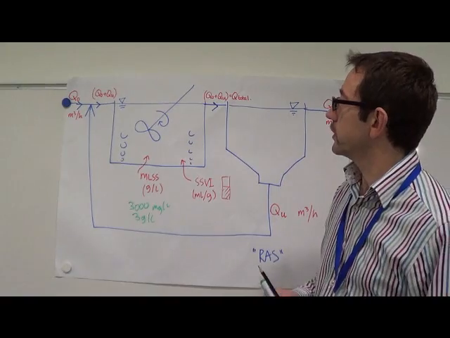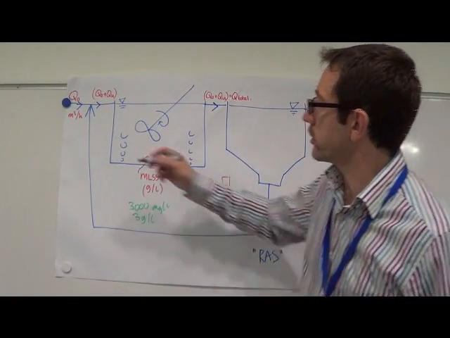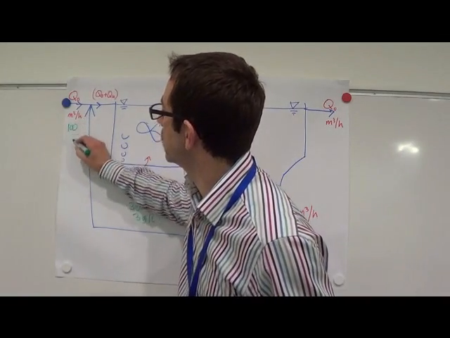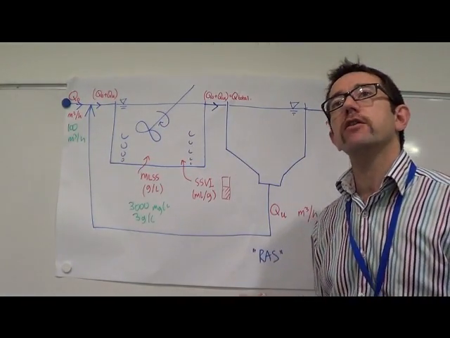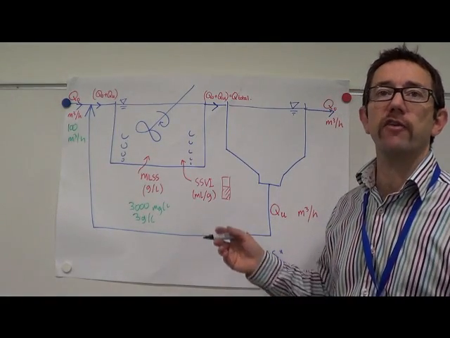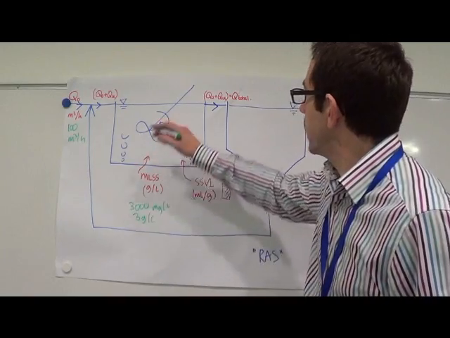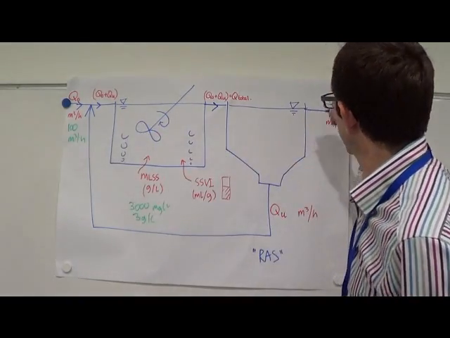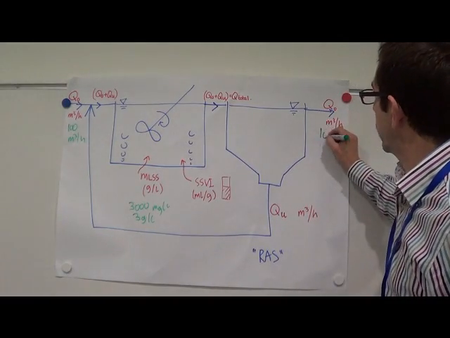So let's put some numbers on this to make this work. Imagine you've got a site that's got, say, 100 metres cubed per hour coming in. That would be 100 times 24, a 2.5 megalitre per day dry river flow works, so typical of what's coming in. So you've got 100 coming into this system, and 100 going out.